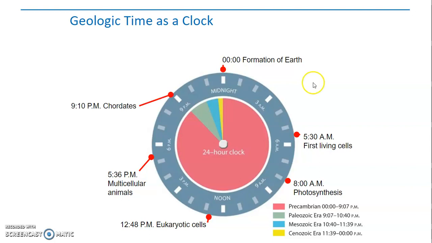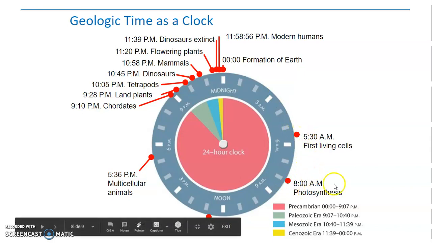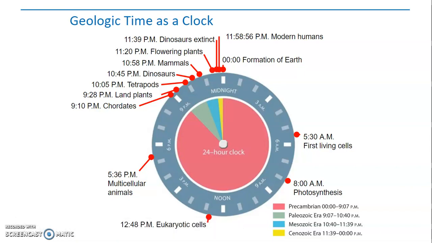And this is showing you what happened, and how quickly this explosion of life happened on Earth. So we have formation of Earth, 5:30 a.m. The first living cells, 8 a.m. Photosynthesis, a little past noon, and we had eukaryotic cells, which remember we are made of eukaryotic cells.